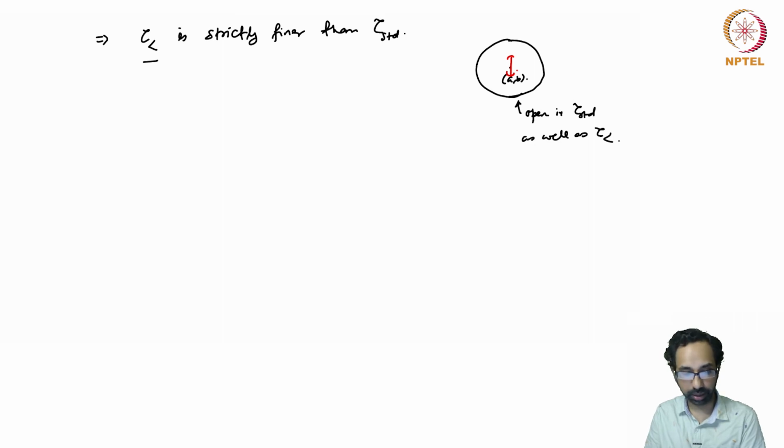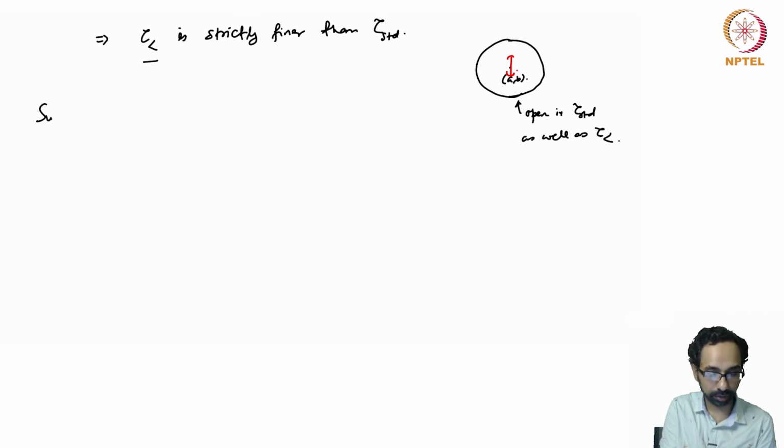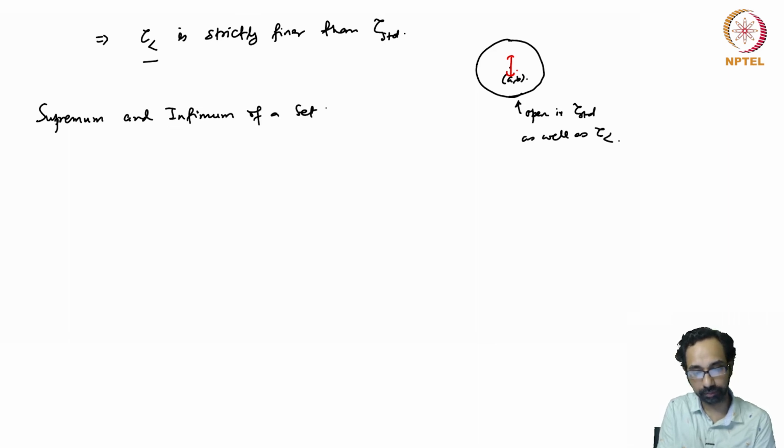So now we can give some more concepts in relation to simply ordered sets, which are those of supremum and infimum of a set, so of a subset of a simply ordered set.